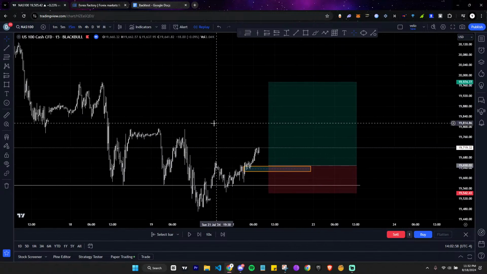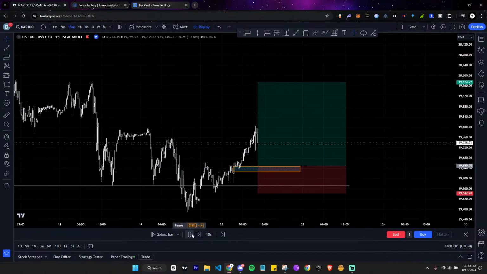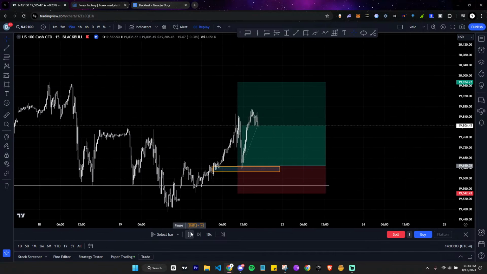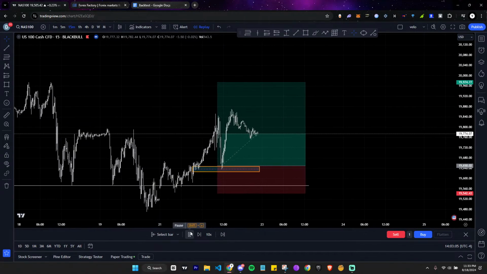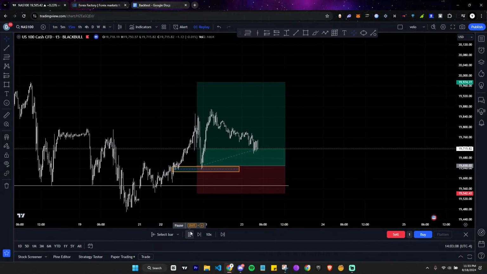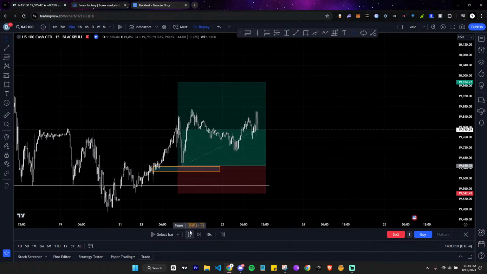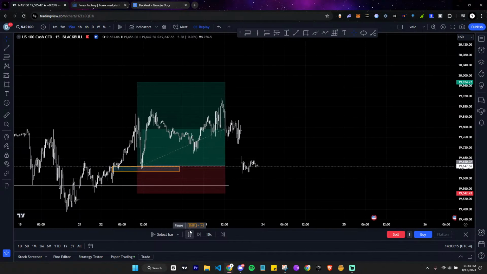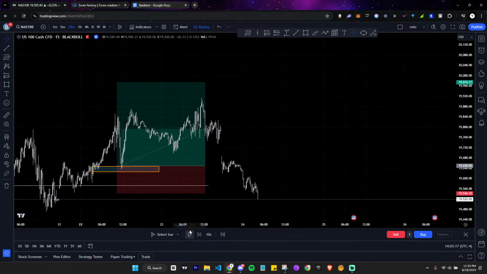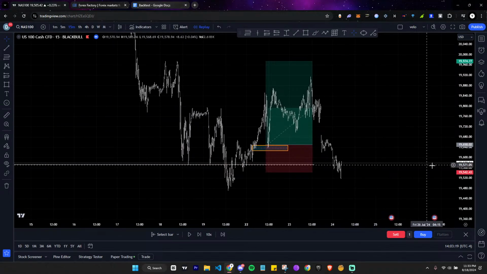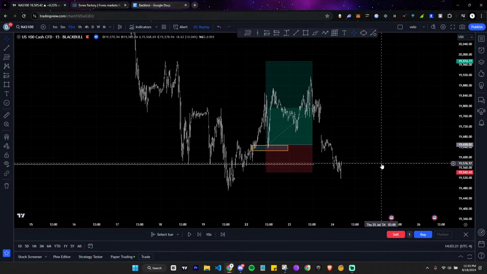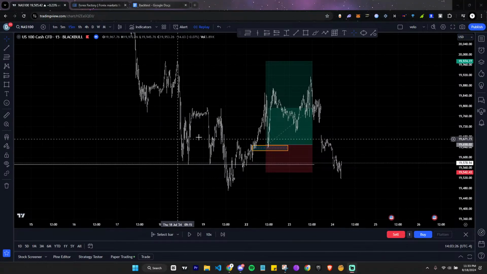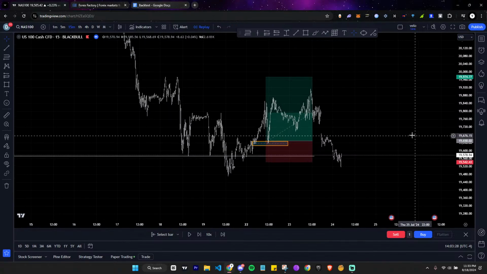See if we can get a proper 1 to 3. Nope. Stopped out. That was a good 44 minutes of backtesting. Damn, that was a good amount. I can't speak. Good amount of time of backtesting.